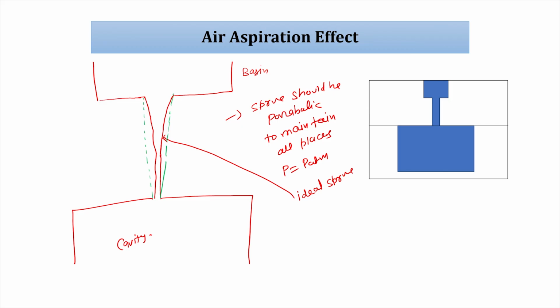Ideally, a sprue profile should be parabolic to ensure all pressure is atmospheric. But in reality, what we have to do is use a tapered profile, the actual taper sprue, which is used in industry because it is easy to make.